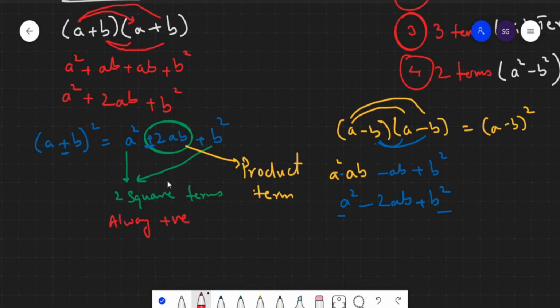The product term could be negative or positive. Also there is a definite 2 here, so you will always write it as a multiple of 2.